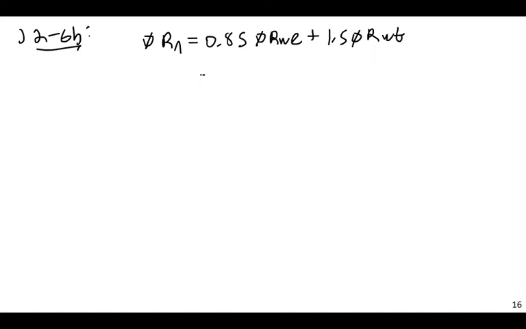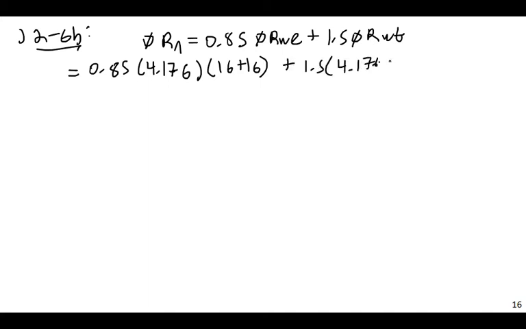So here we don't just add them up, we add some multipliers. And this is equal to 0.85 times 4.176 times the overall longitudinal length, which is 16 plus 16, plus 1.5 times 4.176 times the transverse length, which is 10.